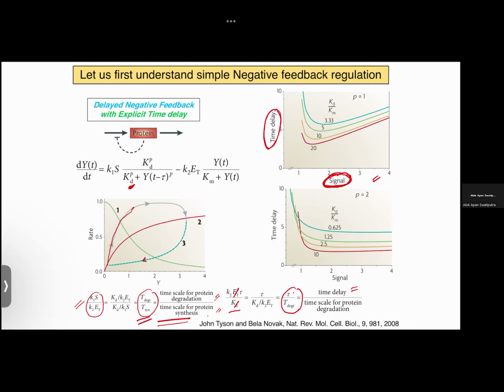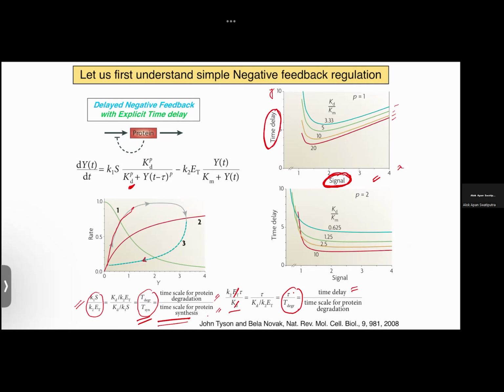And what you can do is plot this non-dimensional signal strength on your x-axis and this non-dimensional time scale on your y-axis. Then these colored lines which you see are nothing but the projections of your steady state onto this parameter sheet.